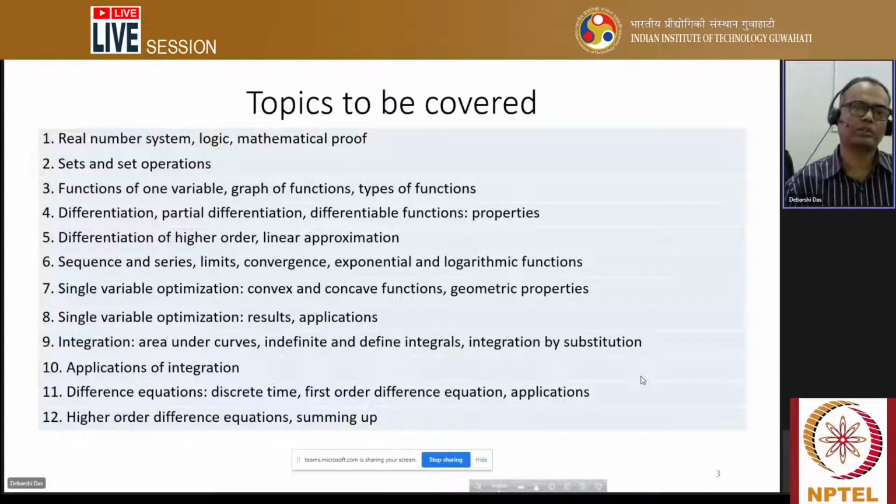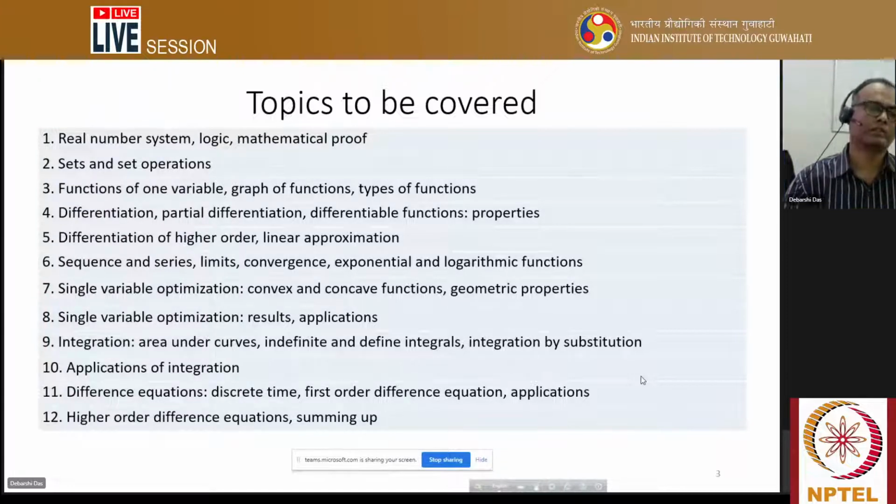In this particular course, we talked about optimization where there is no constraint, so the person who is optimizing does not have to stay within certain constraints. But in economics, many a time, the optimizer has to abide by some constraint. This could be an equality constraint, this could be an inequality constraint. Those mathematical techniques have not been taken up here, but they can be taken up in a later course. So this is one.